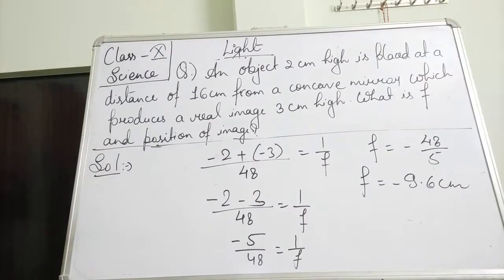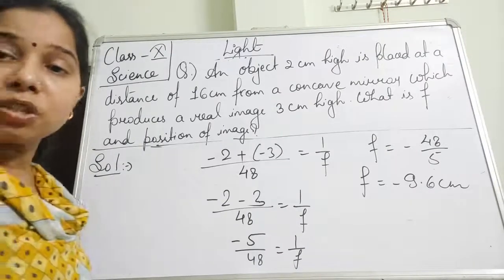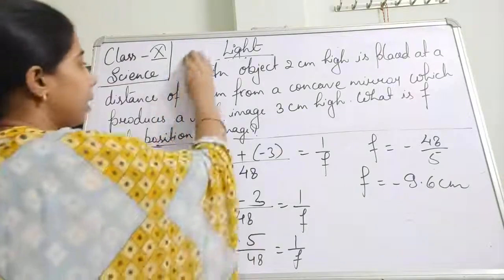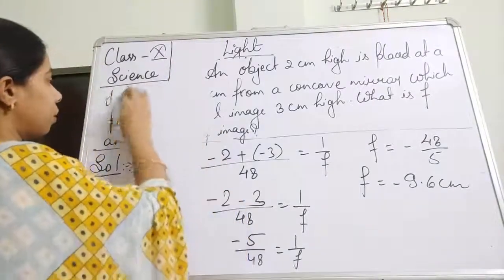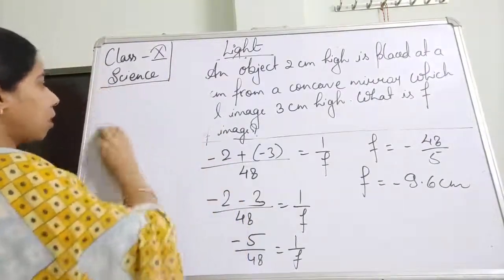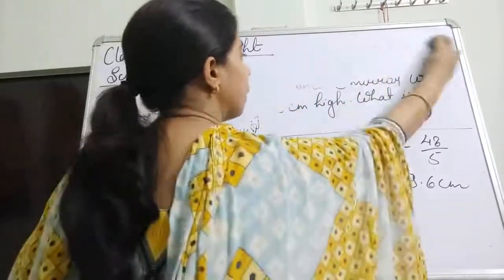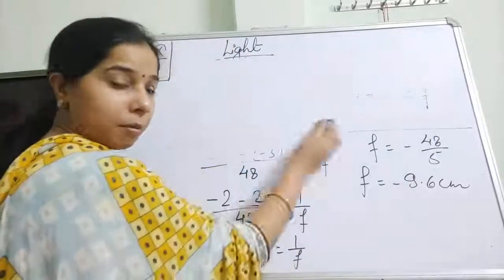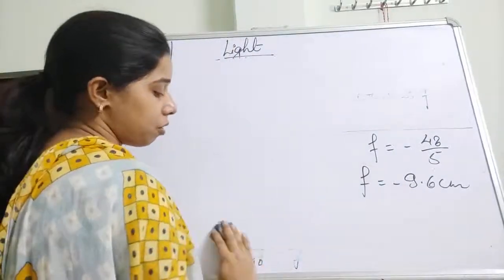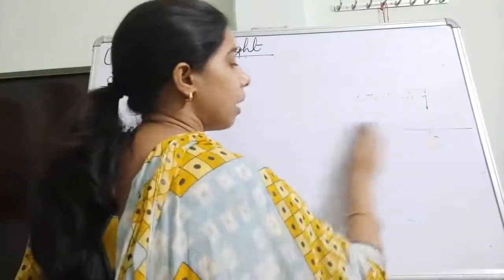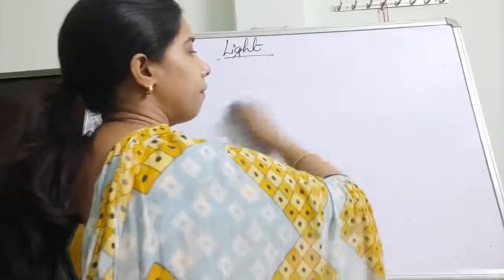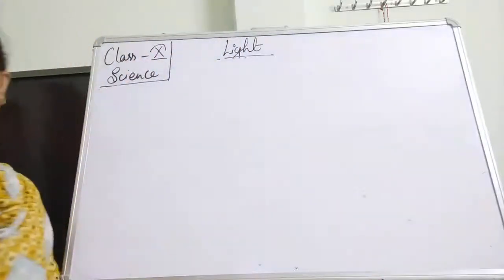Now let us see another question, some of the questions present in your NCERT textbook. I hope you have understood how and where you have to use the mirror formula. Remember the mirror formula and magnification. These two are quite important, as well as the sign convention, where you have to use the sign.